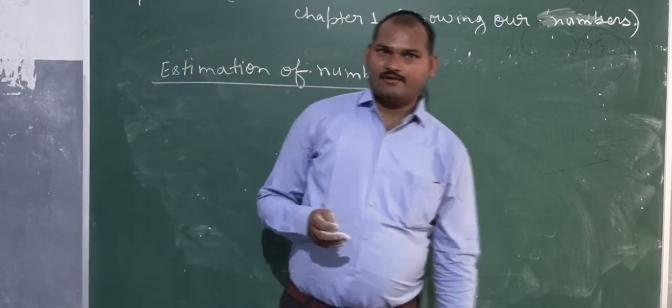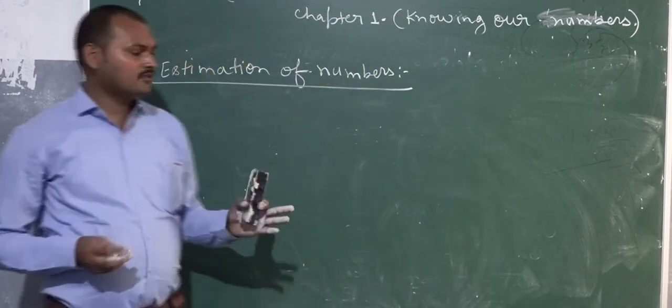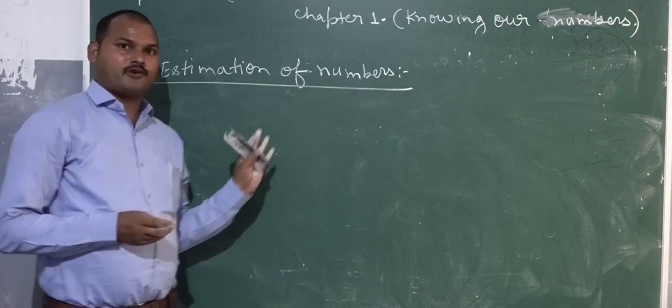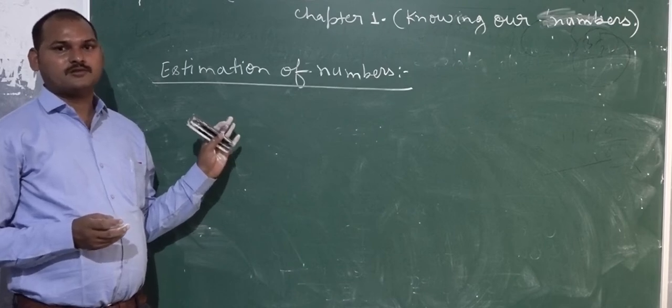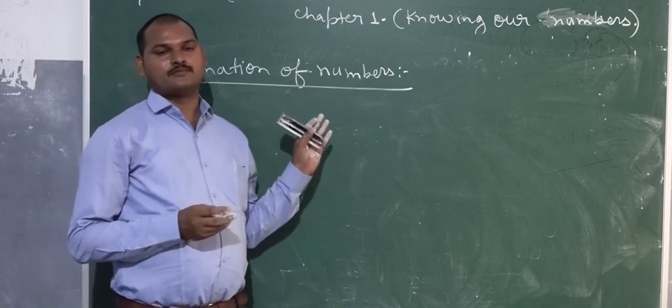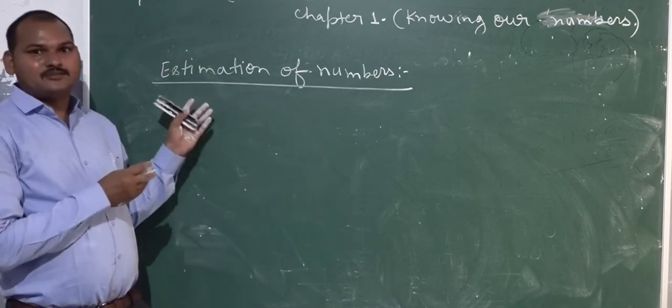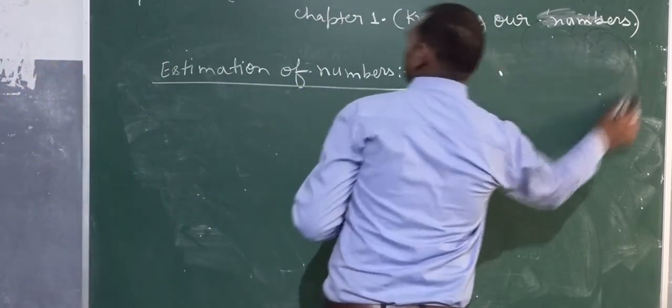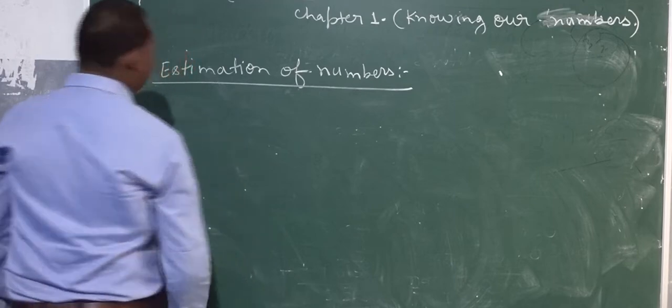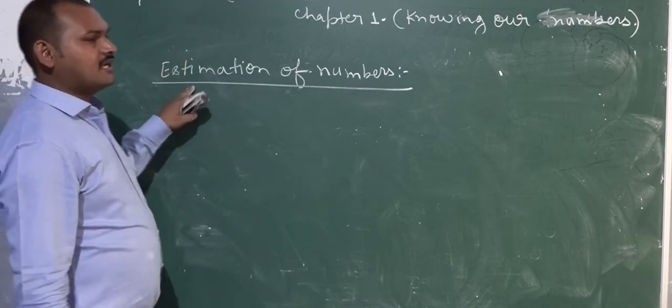I will not write the problem questions here. You see in your book from exercise 1.2 and solve the problems based on word problems, because he has not written them. So the next topic is estimation.